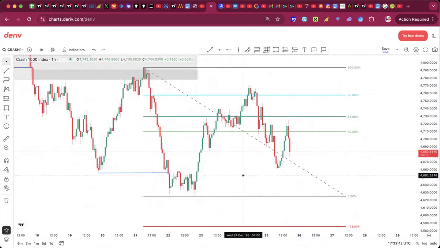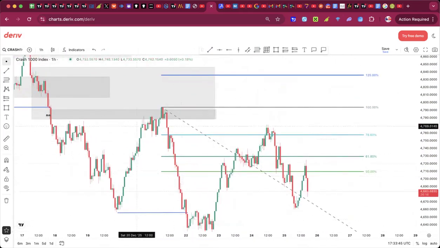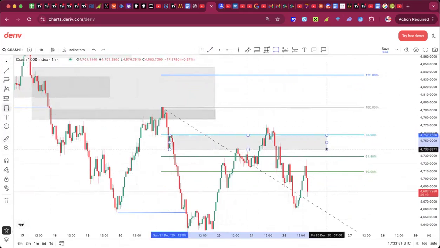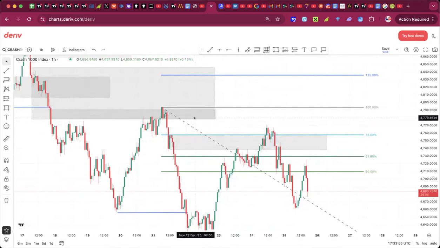But nevertheless, this is another block, aligning here. So see how the fair value gap is up here and all of that. So now, but your major point, here to here.